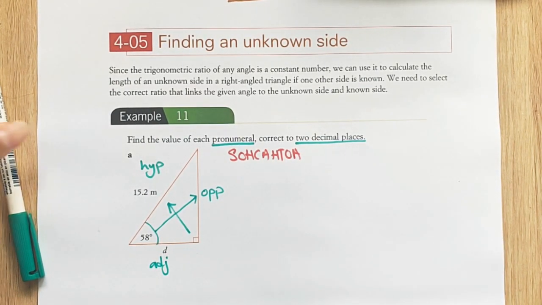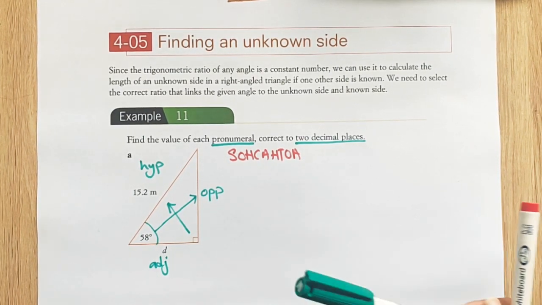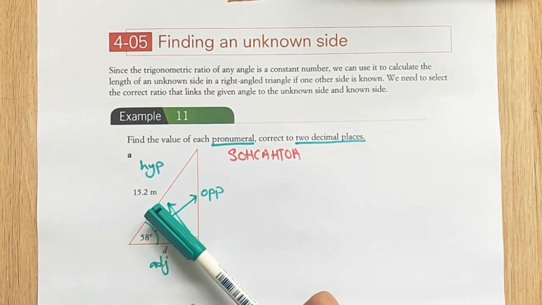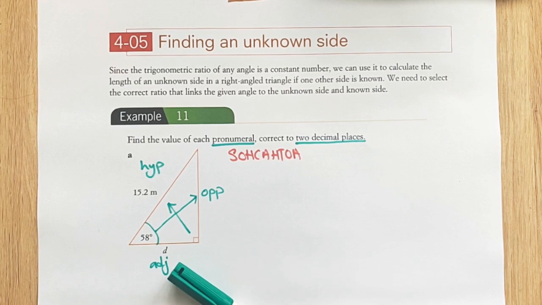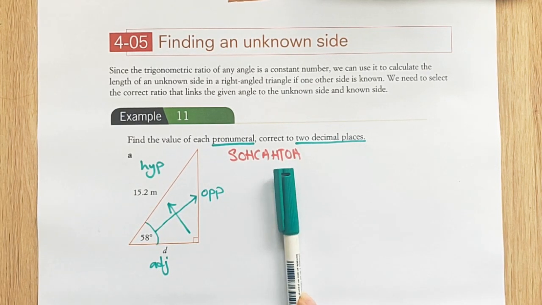So what are the 2 sides that I'm interested in? I have the hypotenuse, 15.2 meters, and I have this unknown side, which is the adjacent. I'm going to use these 2 pieces of information to determine whether to use sine, cos, or tan.